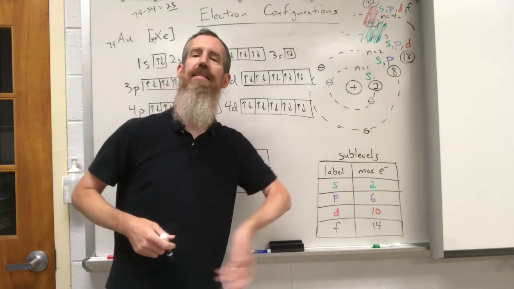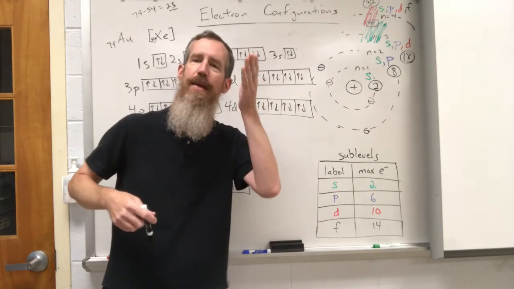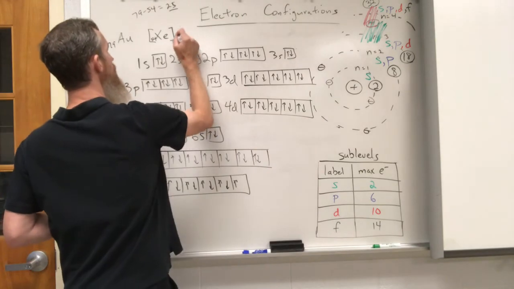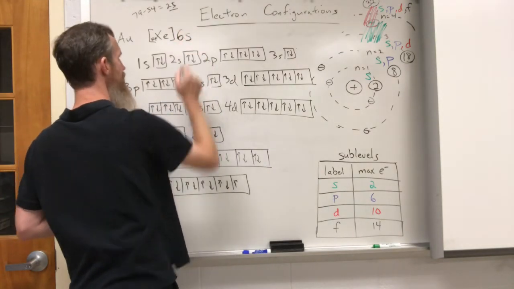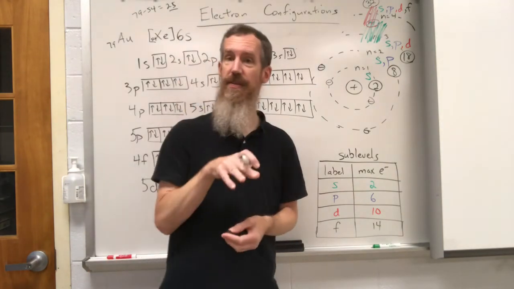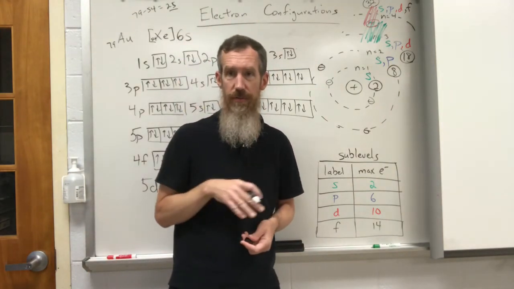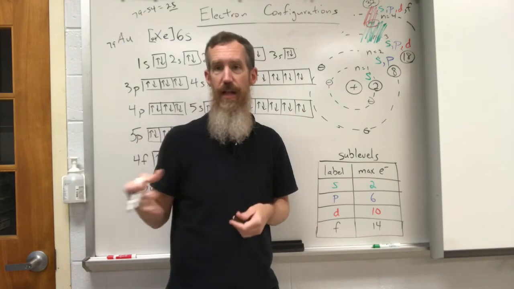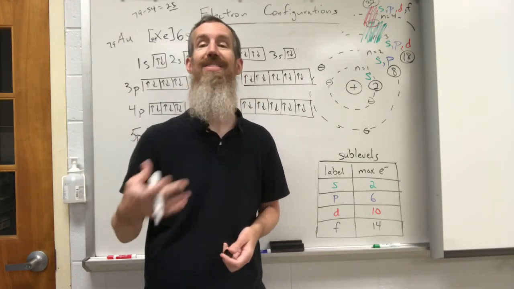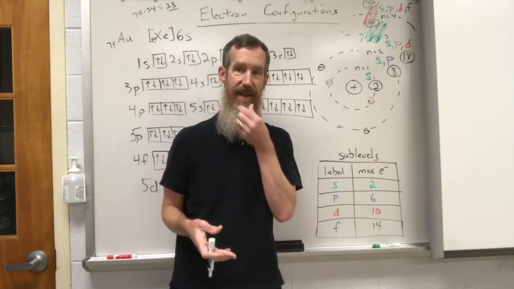And since cesium is the very beginning of the 6th energy level, we start at 6s. Because cesium is the first element in the 6th row. That means it's the first element in the 6th energy level, and all energy levels start with the S sublevel. Remember, S start, S start, S start.